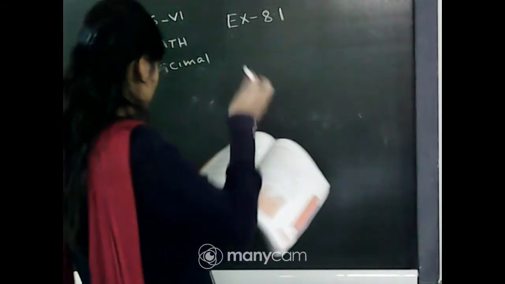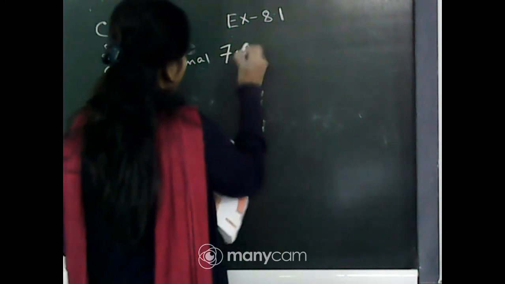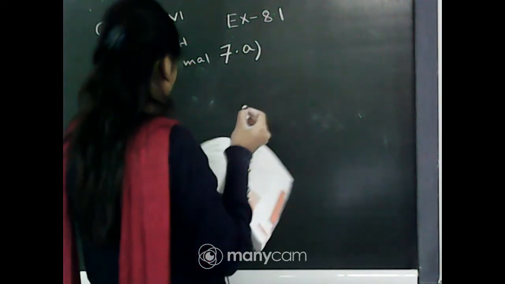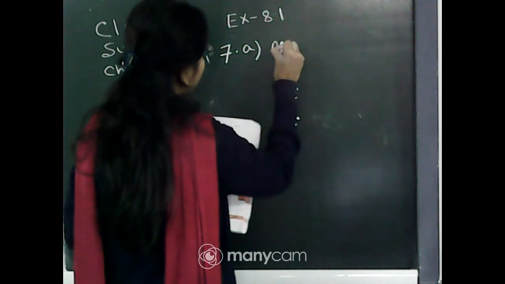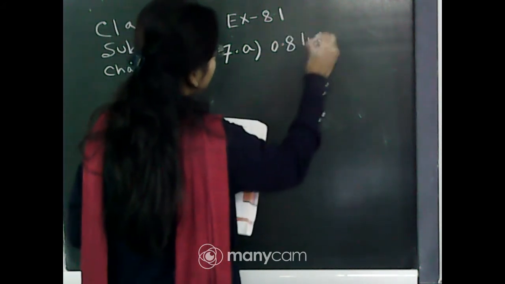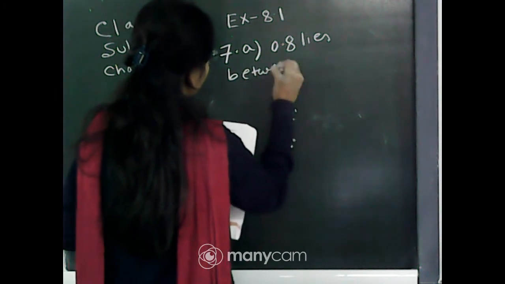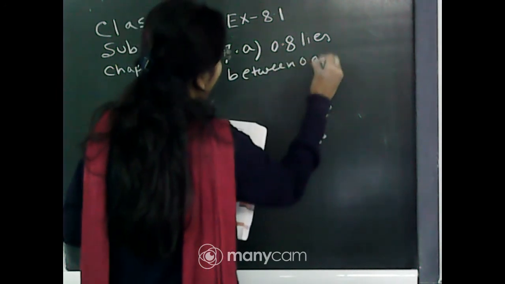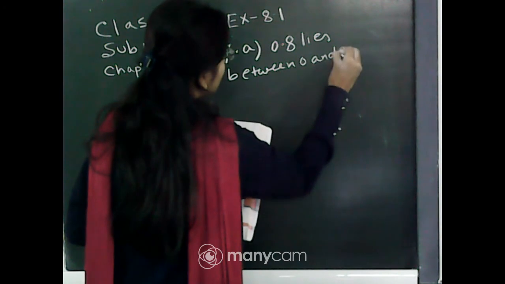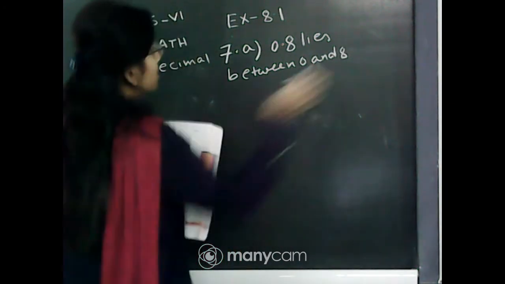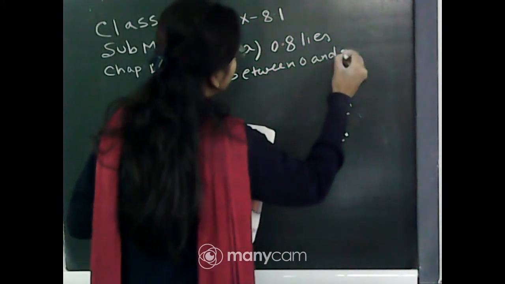Question 7a. Clearly, the number 0.8 lies between 0 and 1.